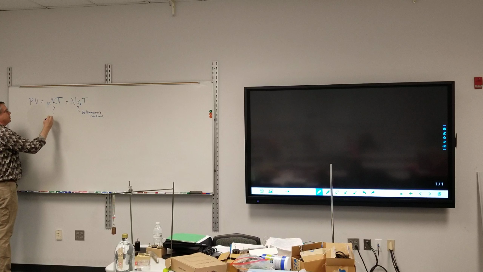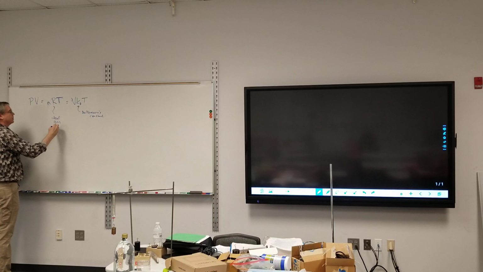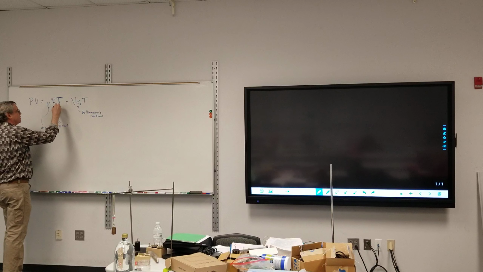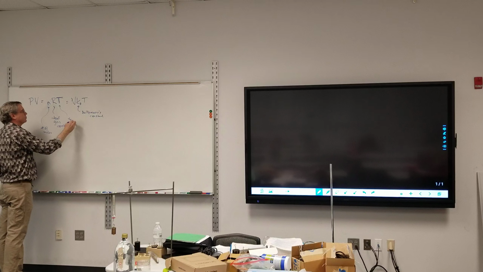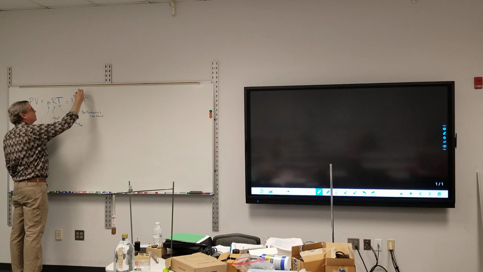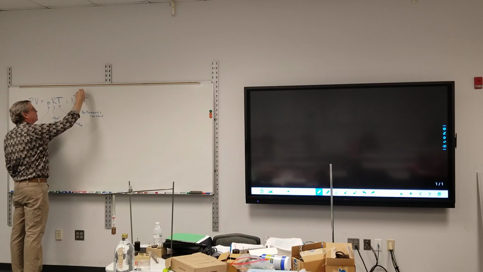R is the ideal gas constant. Little n is the number of moles. T is temperature. Big N is the number of molecules.